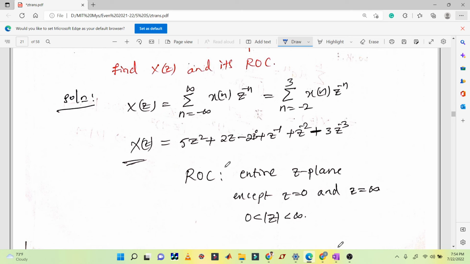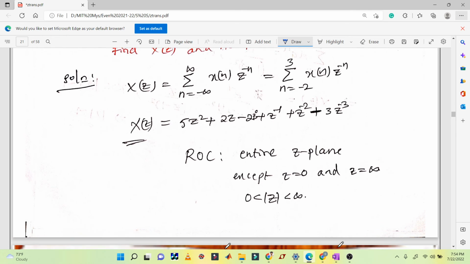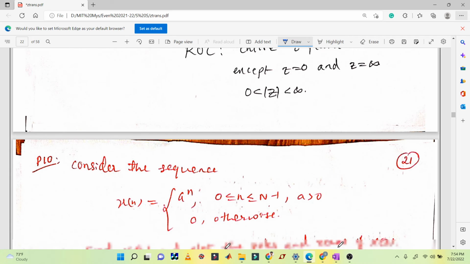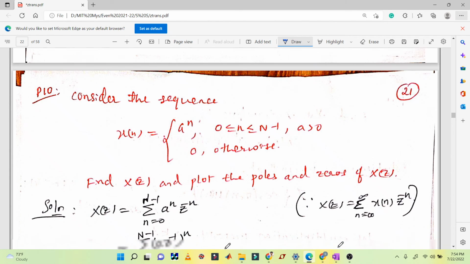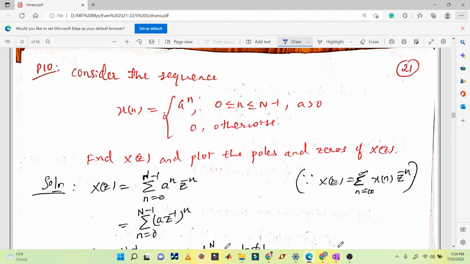Now I want to solve another important problem. This one. So here x of n is a finite sequence, not an infinite sequence. X of n is equal to a power n from 0 to N minus 1.